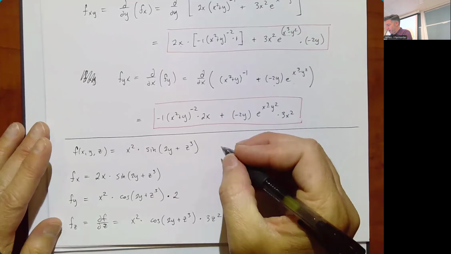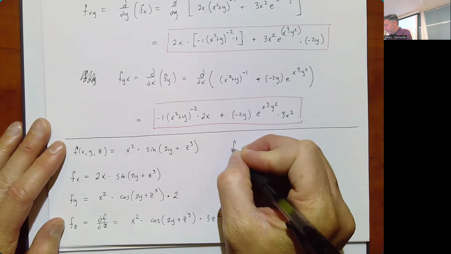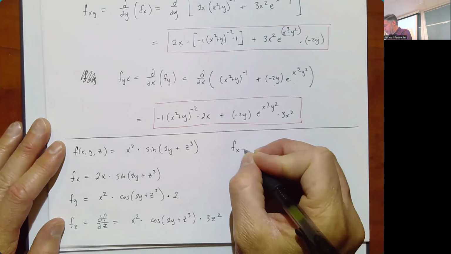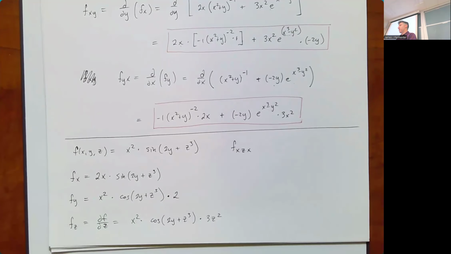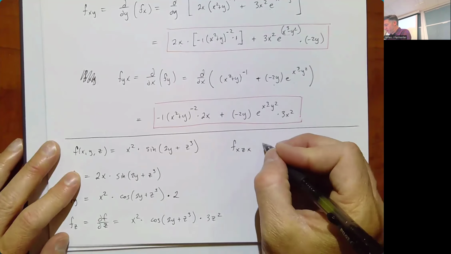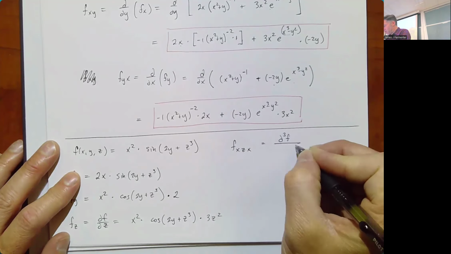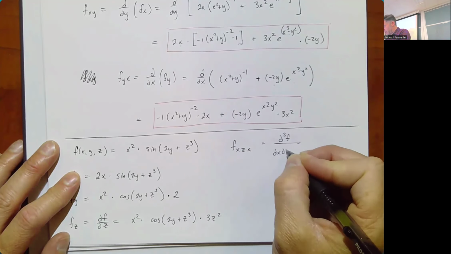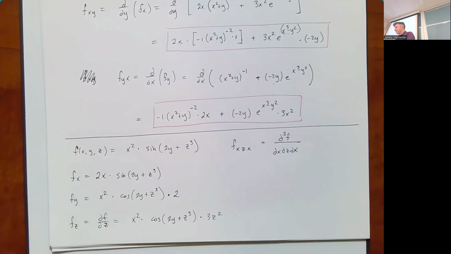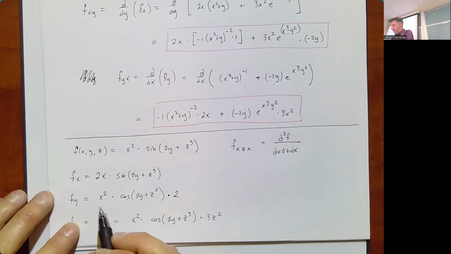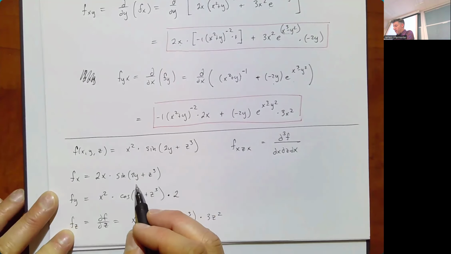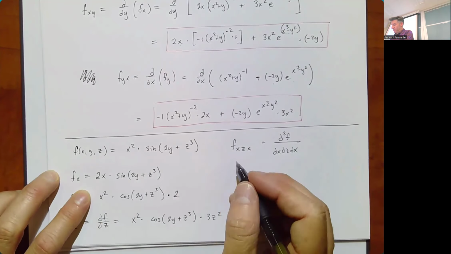Someone could ask you to find, for example, f_xzx, meaning first x, then z, then x, which you could write kind of terribly as del cubed f over del x del z del x. So you would first do f_x, which we've already done, and then you would do the derivative of that with respect to z.